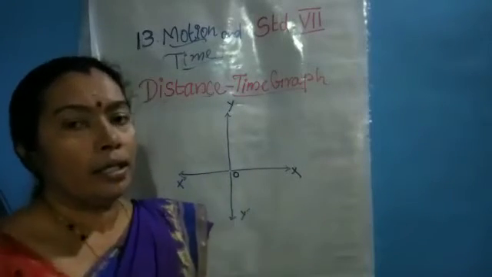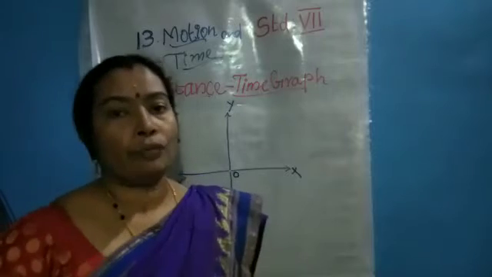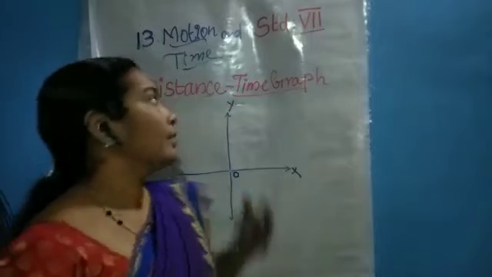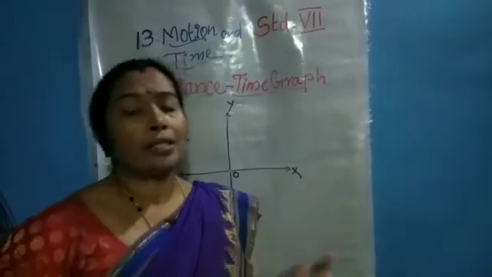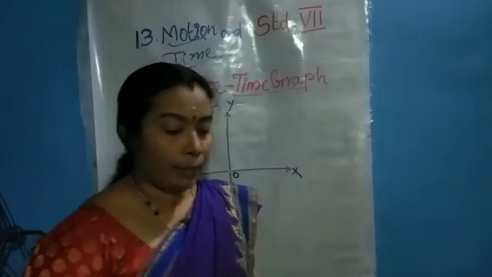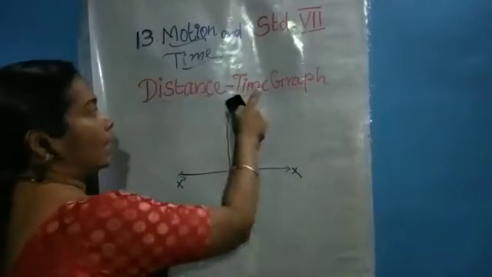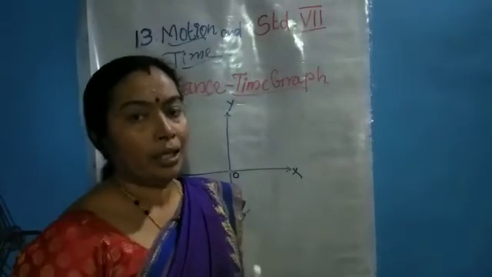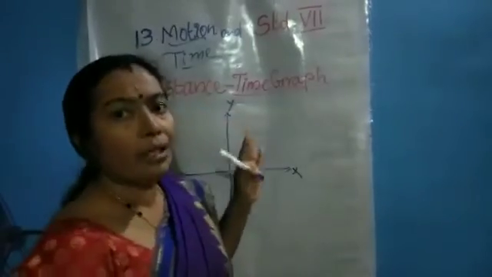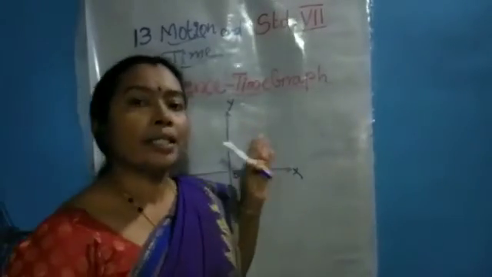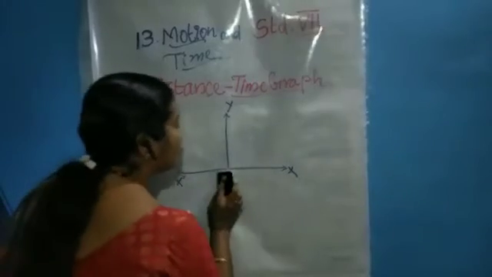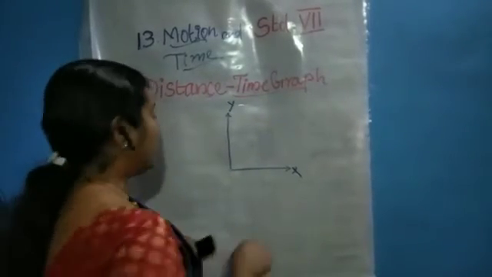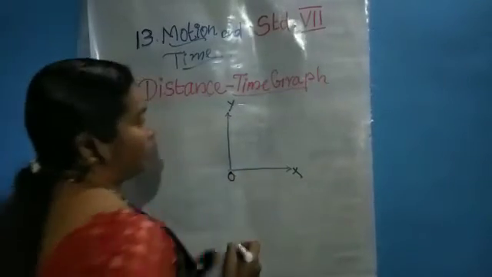While giving information about the motion of the object and finding the speed, distance covered and time, we are using positive numbers. So to plot a distance-time graph at this early stage, this quadrant is enough for us. We will take only the quadrant XOY, and this is the origin O.